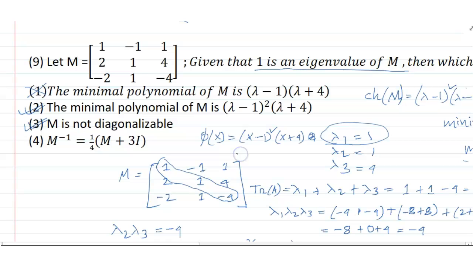So friends, if you see here, you can get M inverse is equal to 1 by 4 into minus M square minus 2M plus 7I. So this portion is also wrong. You cannot get this because it is a cube term.